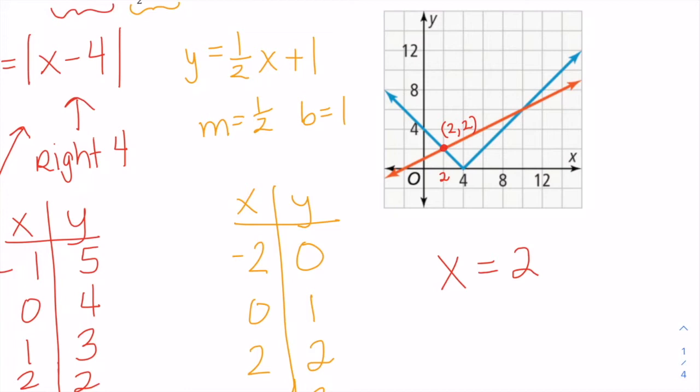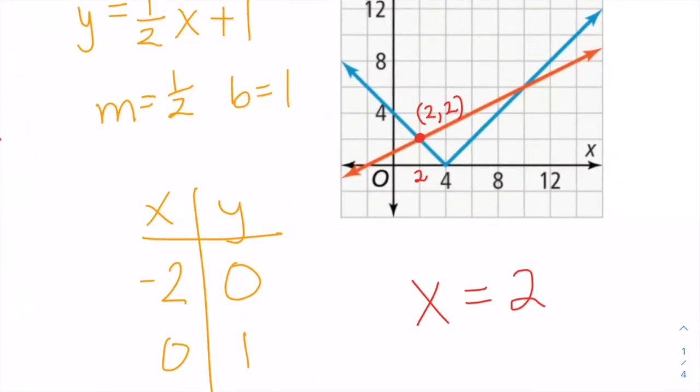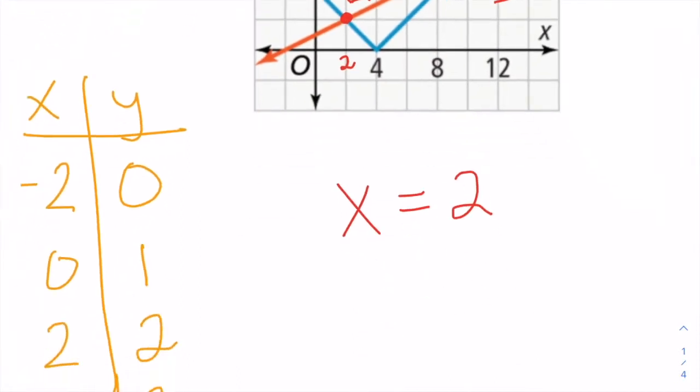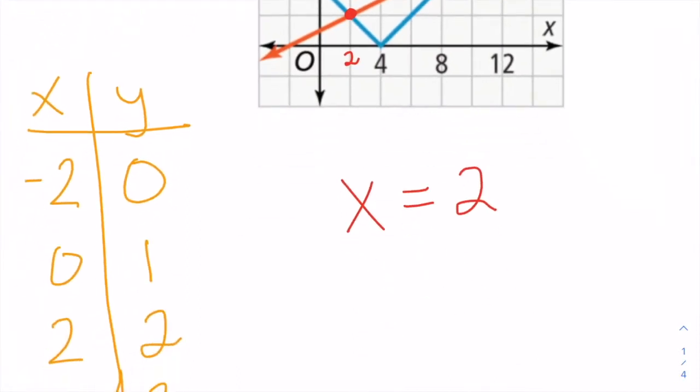But if you look over here, where I didn't continue the points, you can see that there's another point right here where that line touches the absolute value. And that point is 10, 6. So we have two answers here: x can equal 2, and x can equal 10.